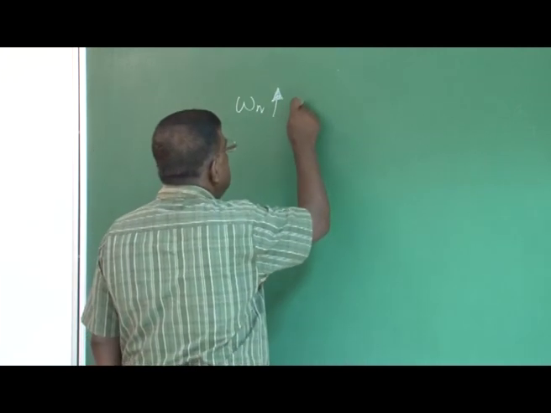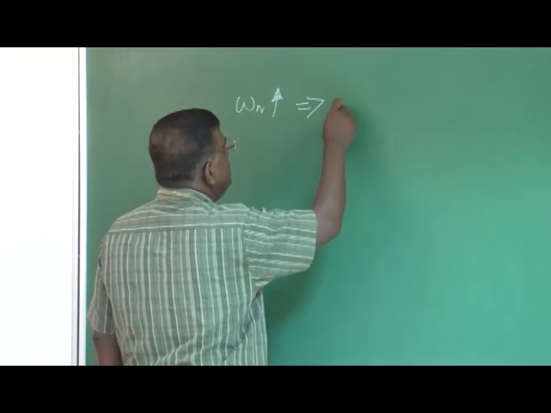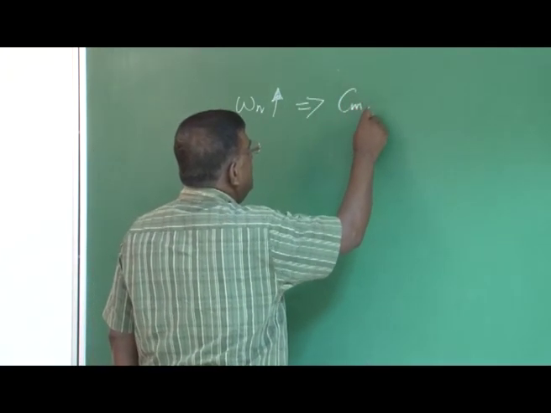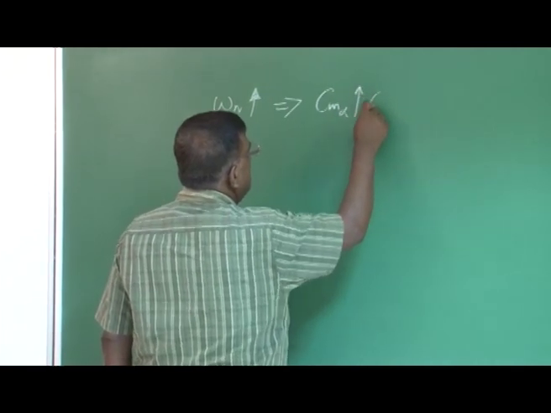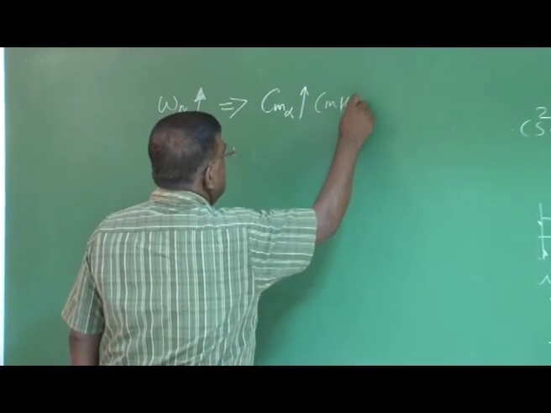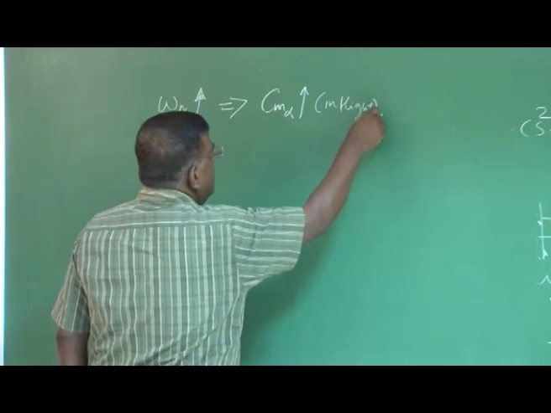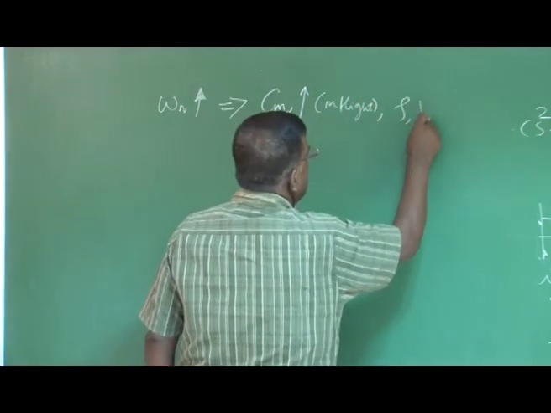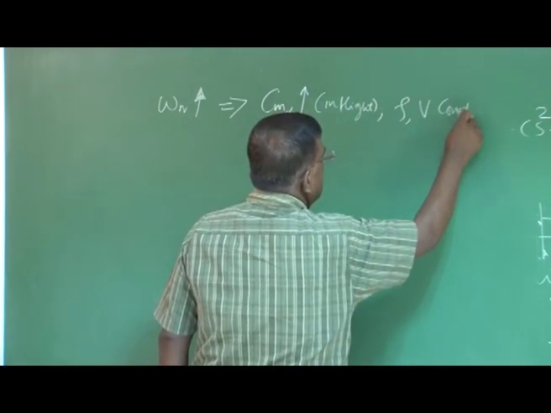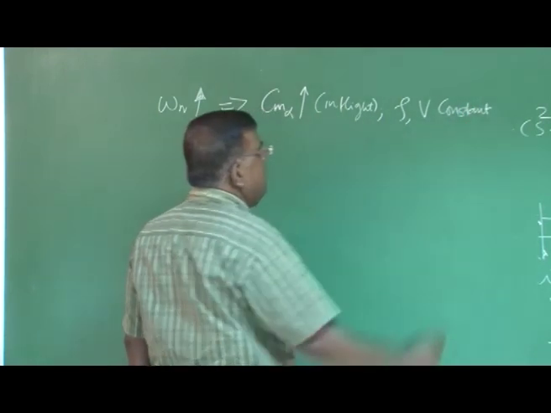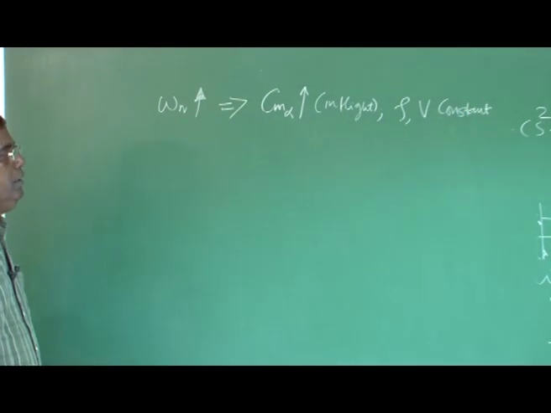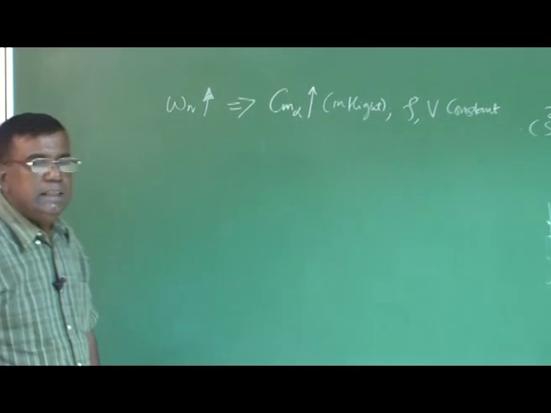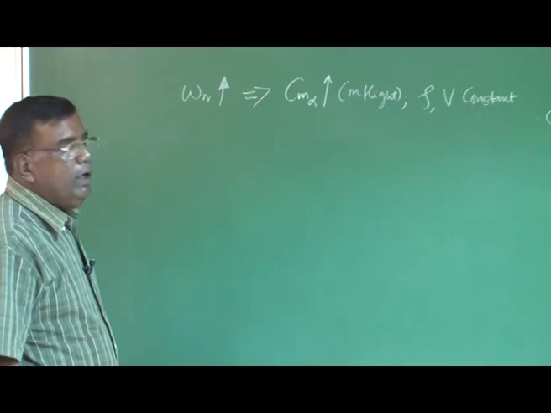Omega n to be increased, that means I need to increase Cm alpha in flight, keeping rho v constant. That is, at a given altitude, at a given speed, I want Cm alpha to be increased so that omega n is increased. How do I do it?